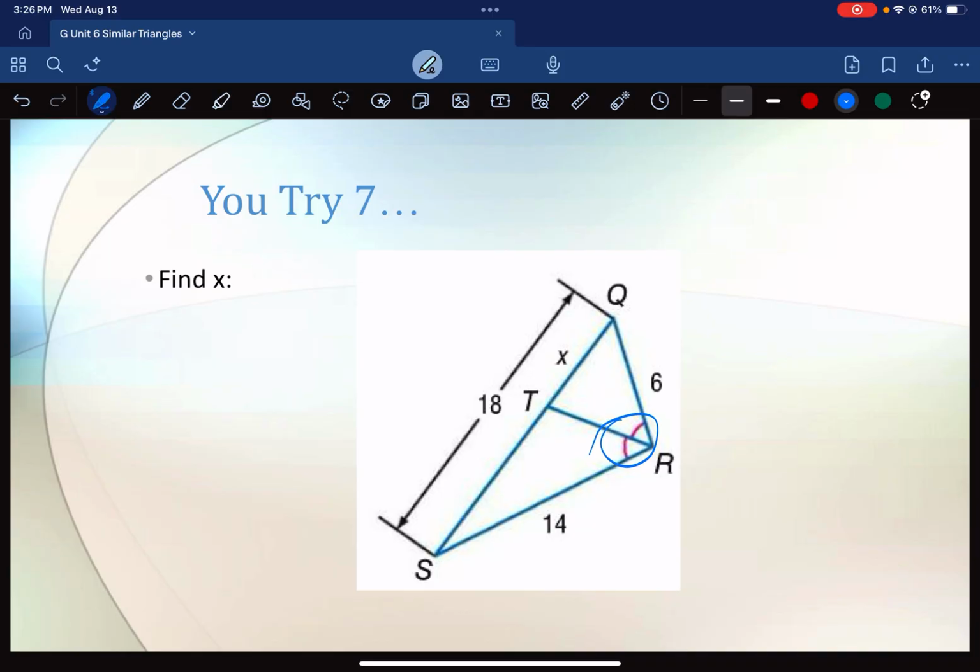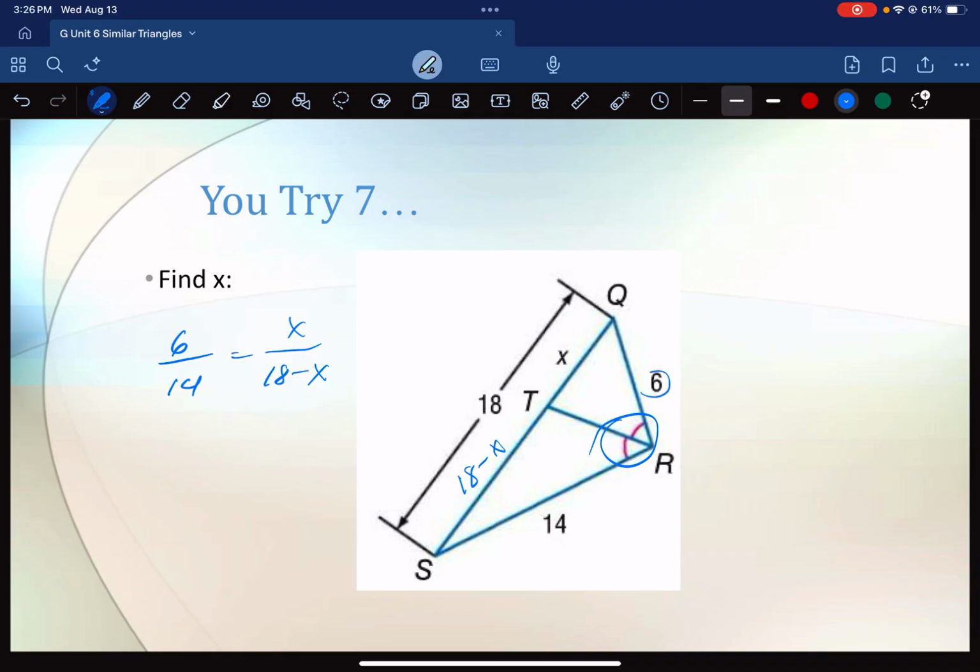Well, hopefully you thought 18 minus X. So now I've got in this triangle 6 over 6 and X. We'll put those on top. And that corresponds to 14 and 18 minus X on the bottoms.